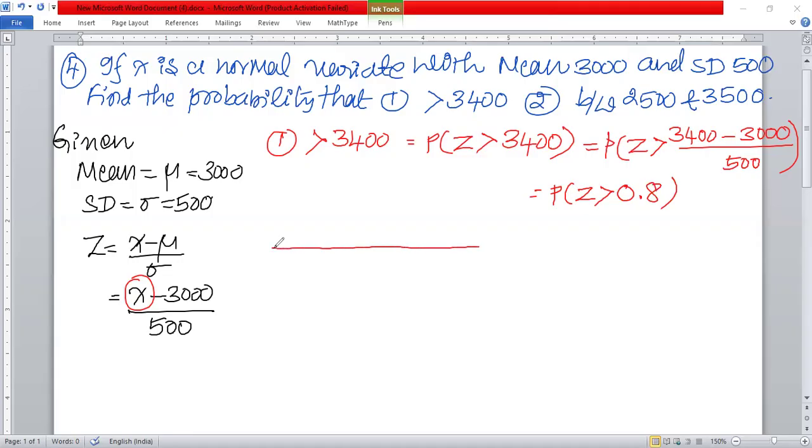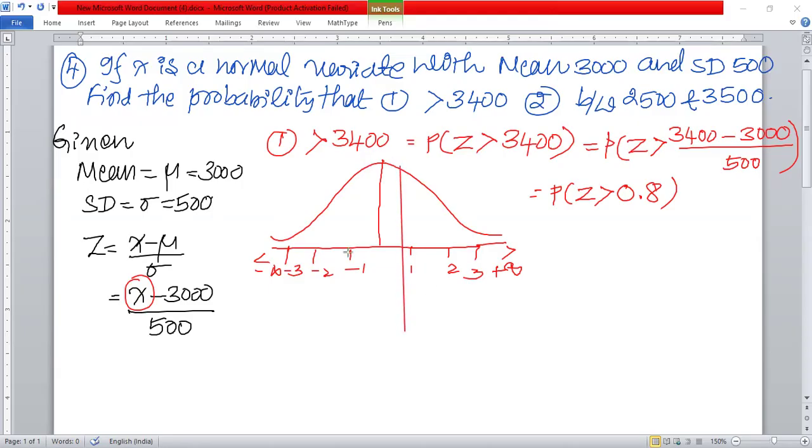Now, bell-shaped curve: greater than, plus infinity; lesser than, minus infinity. Okay, middlemost one, 1, 2, 3, minus 1, minus 2, minus 3. First one, 0.8, here. Now the greater than side. Yes, we need to shade like this.